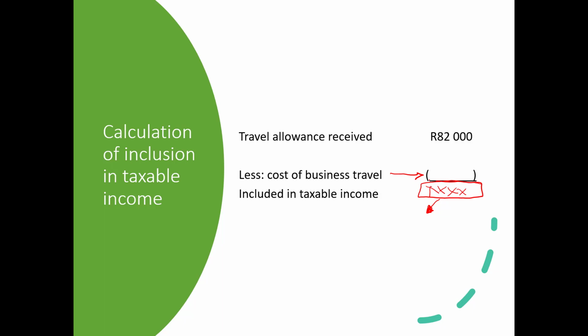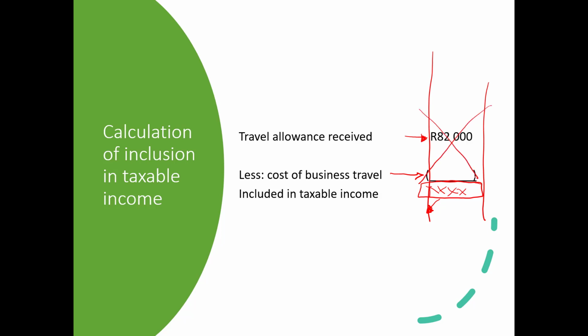So you might be penalized if you include the total amount of the allowance received in that taxable income column and then less costs of business travel in that taxable income column. You are not allowed to do this.